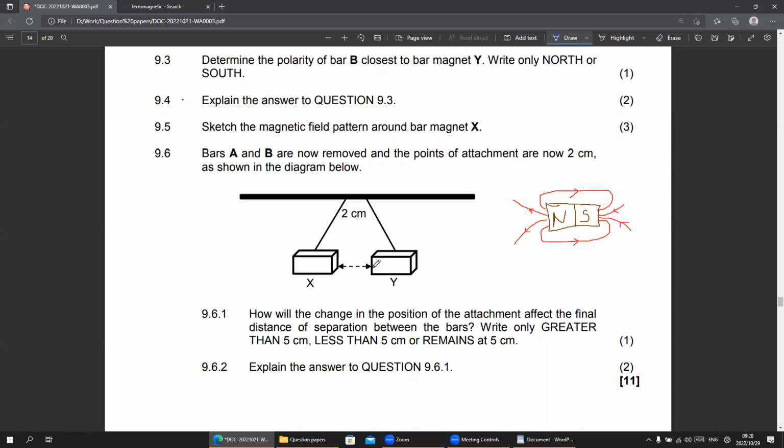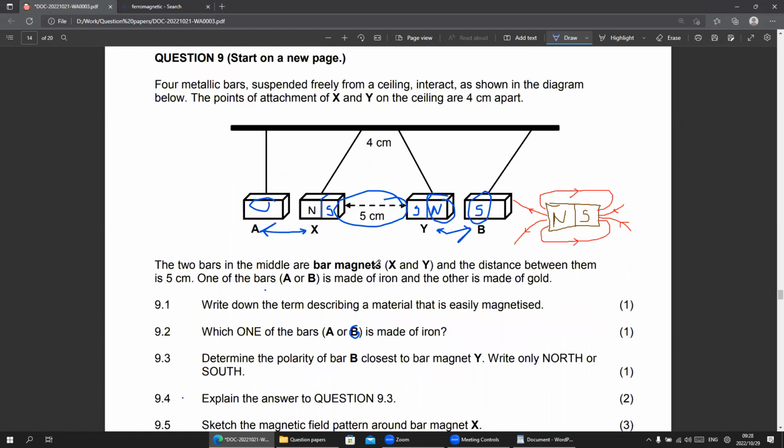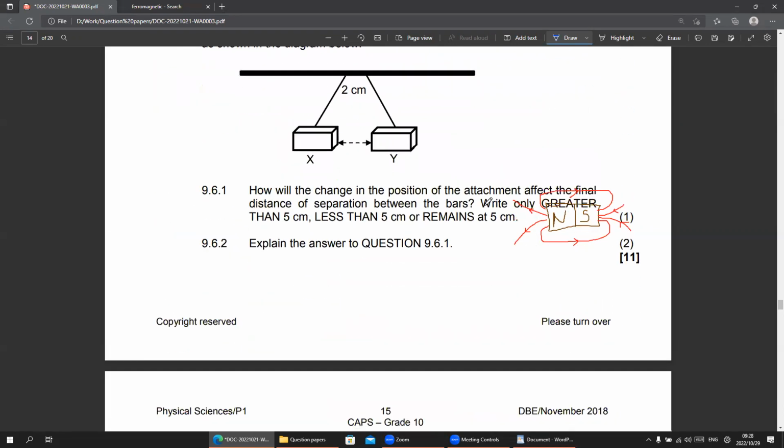The only force in this particular case is going to be the force of repulsion between the two bars. And here there were two forces: the interaction between the two bars, the force of repulsion, and also the force between the interaction of the bar Y and bar B. So yeah, there's less force being used to separate X and Y.